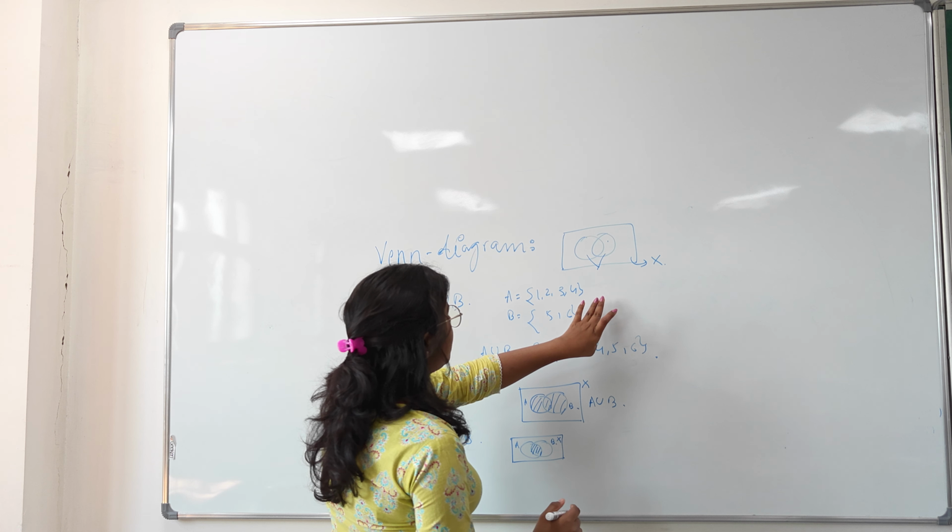Now we will understand how we can find A minus B. In A minus B, we take A as 1, 2, 3, 4 and B as 3 and 4. If you find A minus B, we exclude the elements of B and we find 1 and 2. We will understand it from the Venn diagram.